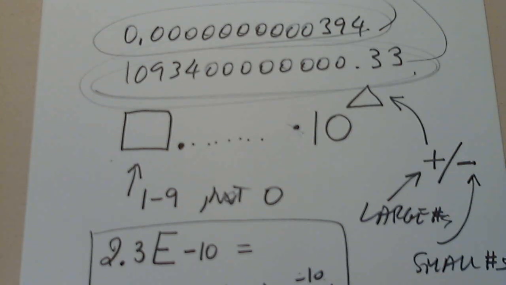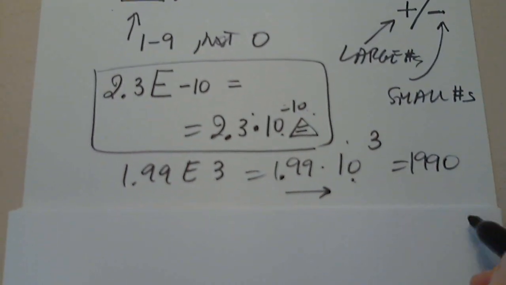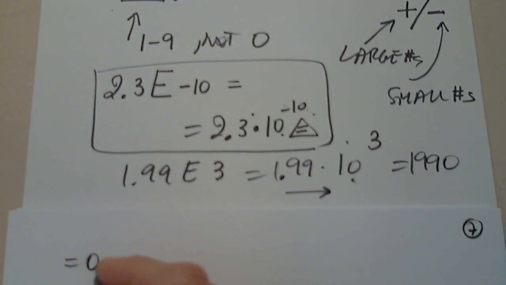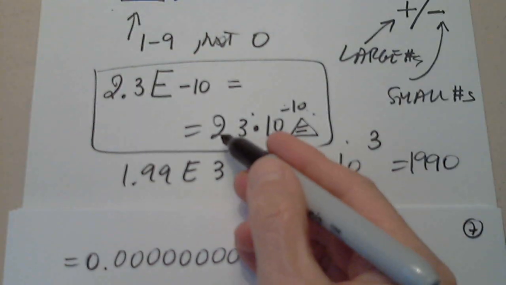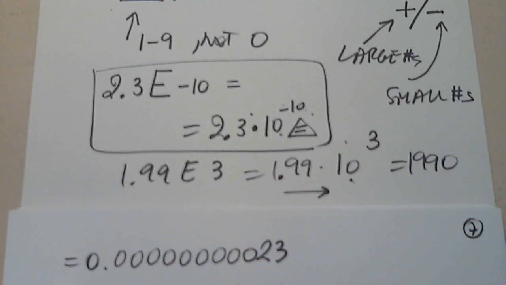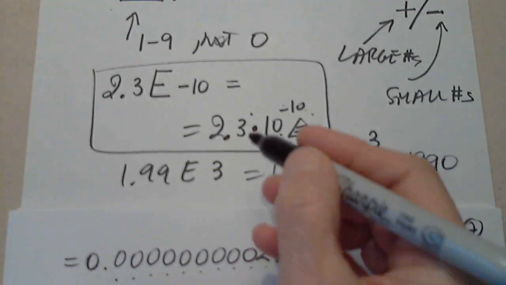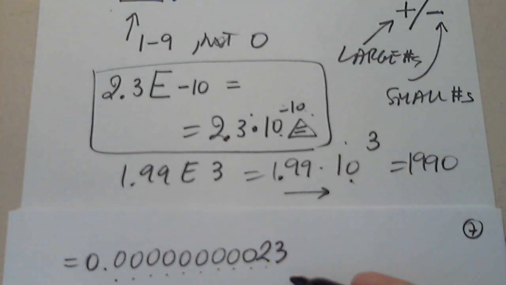What will I get here? I'm going to move on to the next page. So what are we going to get there? 0.1, 2, 3, 4, 5, 6, 7, 8, 9, 10. So I move the decimal point 10 spots to the left.